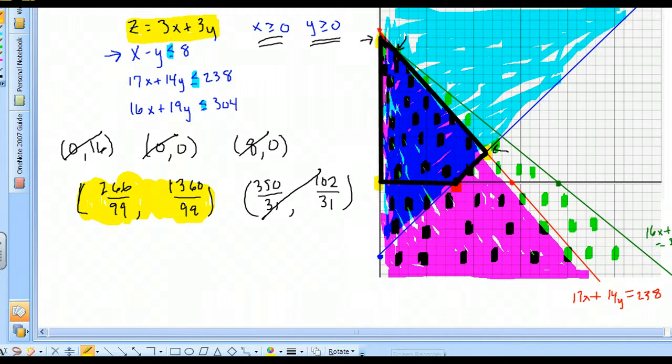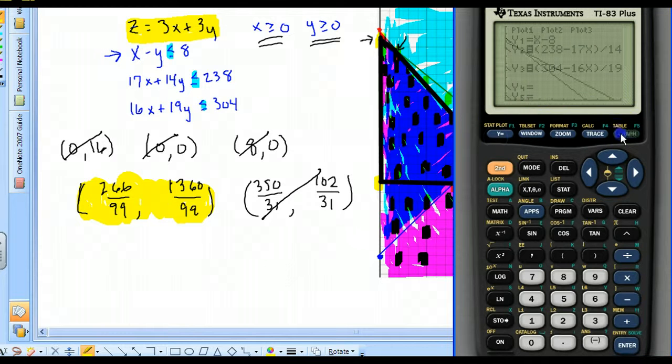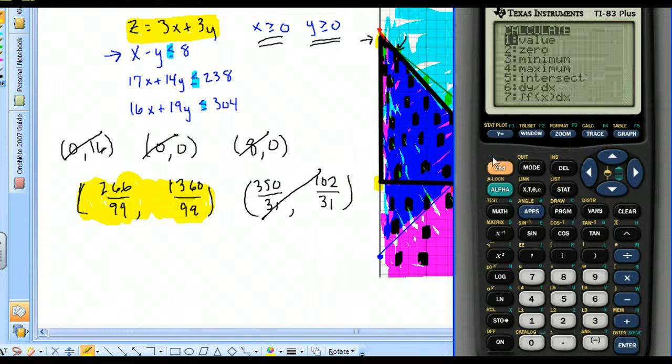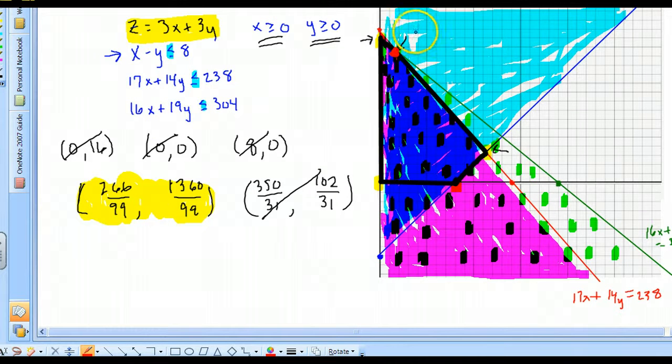That was this intersection right here, I believe. So that is this point right here.